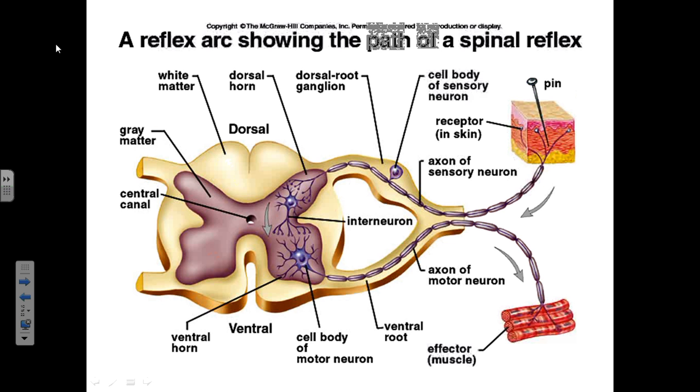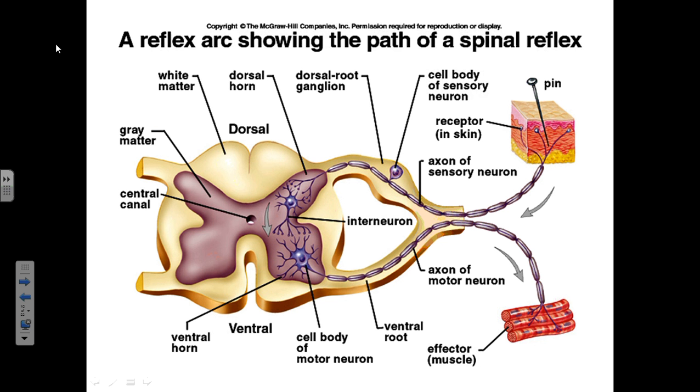We talked about it a little bit last time. In a reflex arc, information goes directly from a sensory neuron. It travels to what part of your body? Look at that big blown up part of your body there. Spinal cord. That sensory neuron is directly linked up to a motor neuron, straight to a muscle. This is what we call a reflex.